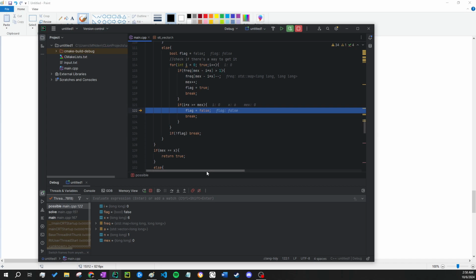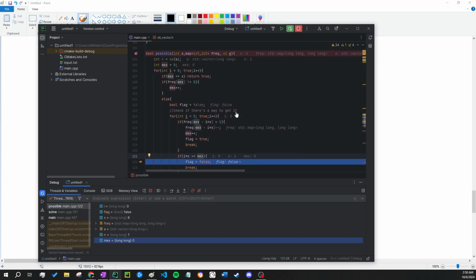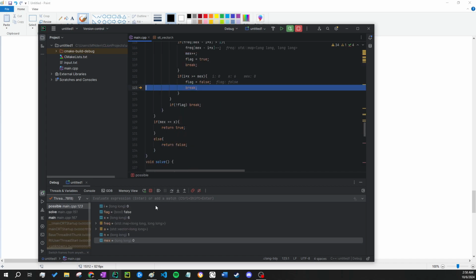Hold on, let me see. i times x. x is 6. i is 0, is 0 greater than max? It is. Okay, there seems to be an issue, because this is not supposed to be 0. I don't get it. Let's try one more time and see why it's giving me 0.